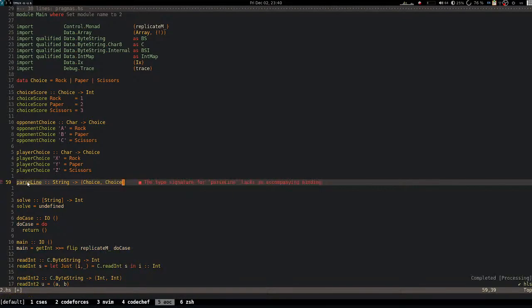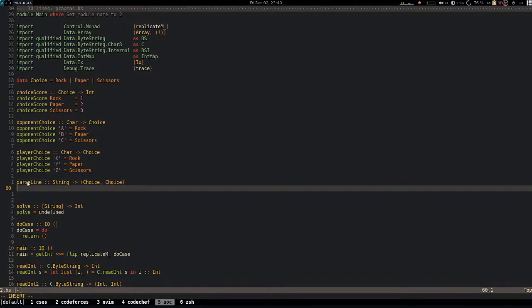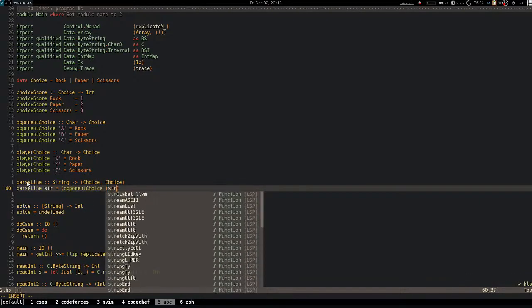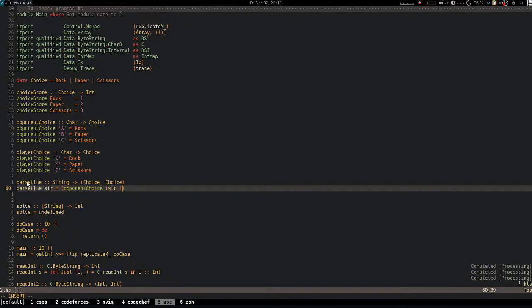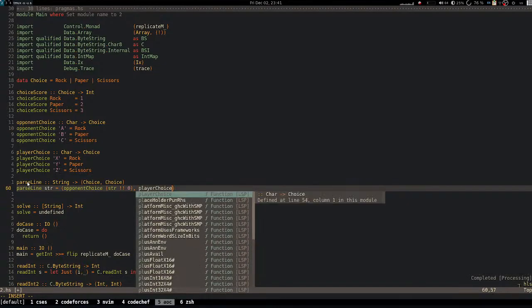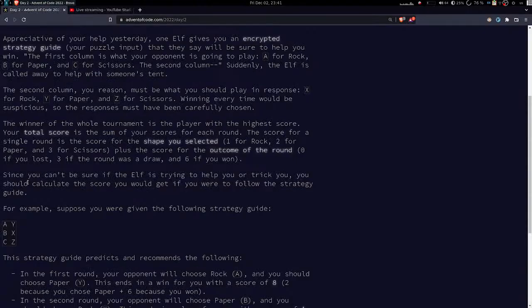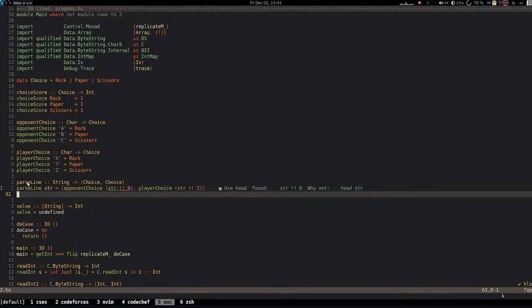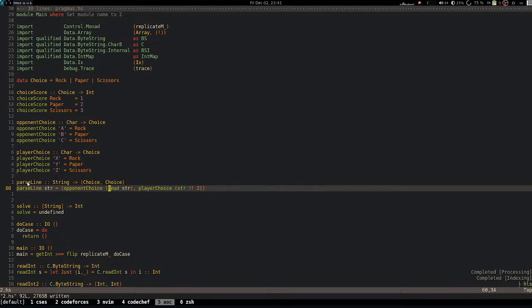So parse line str is equal to opponent choice of the zeroth index of str, and player choice of str at the second index, right? Okay, so we parse the line.